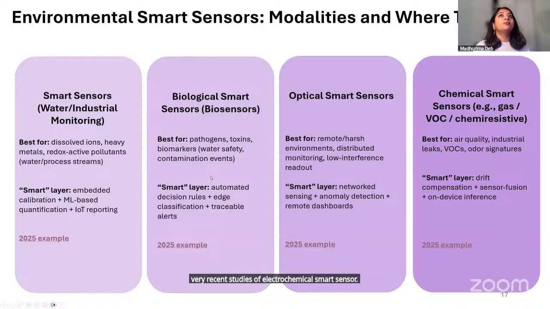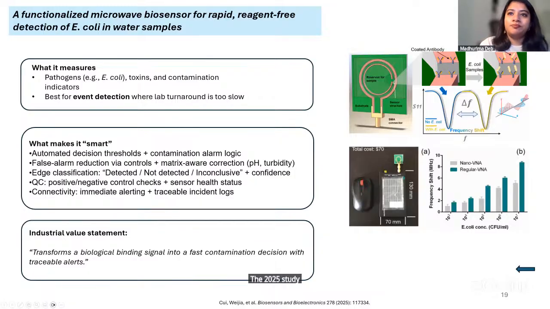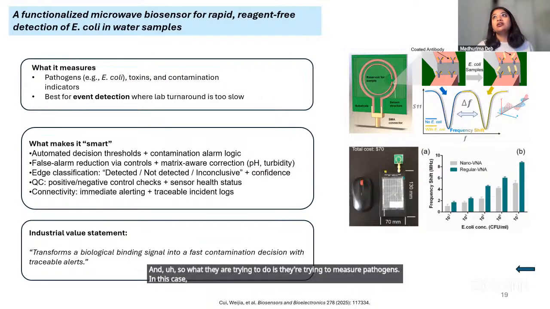So now we look at the biological smart sensor. The 2025 study, published in Biosensors and Bioelectronics, is trying to measure pathogens. In this case, they are measuring E. coli.